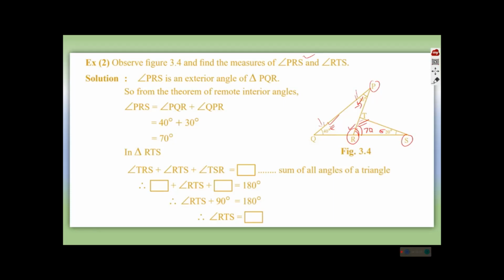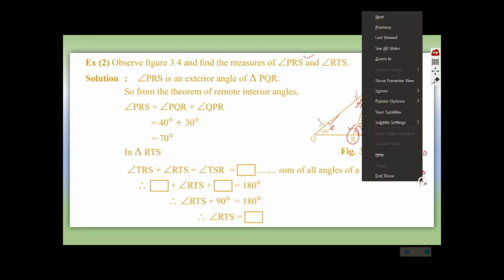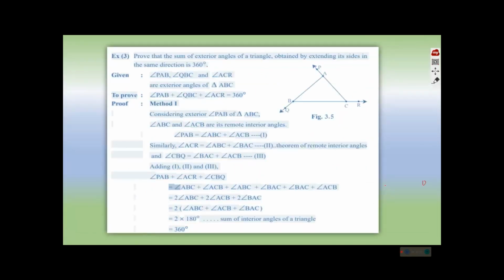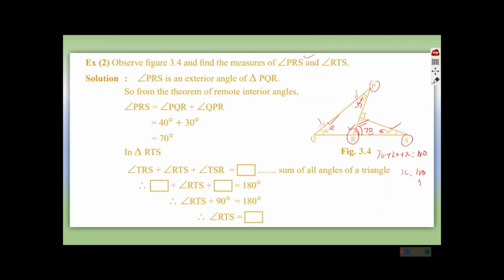This angle can be calculated because we know 20 here, 70 here: 70 plus 20 plus x is equal to 180, angle sum property, x is equal to 180 minus 90. Here it is already given, and 180 minus 90 is equal to 90 degrees. So like that we can simply write, that is the method.